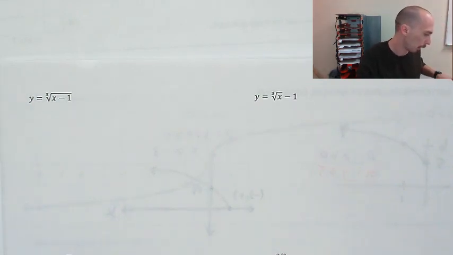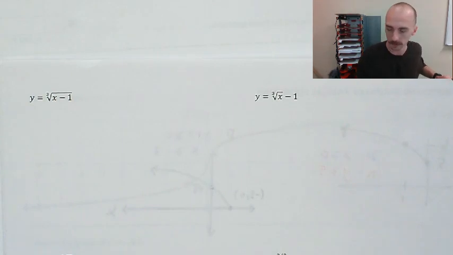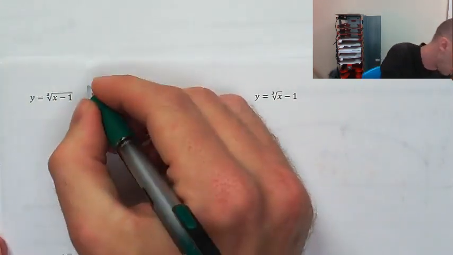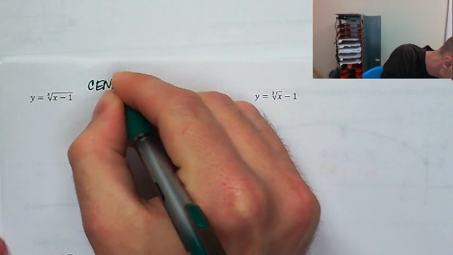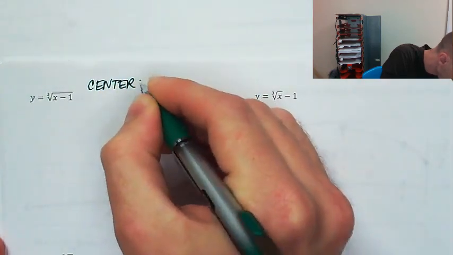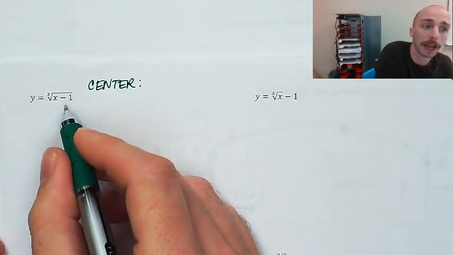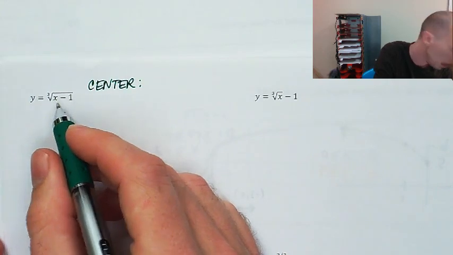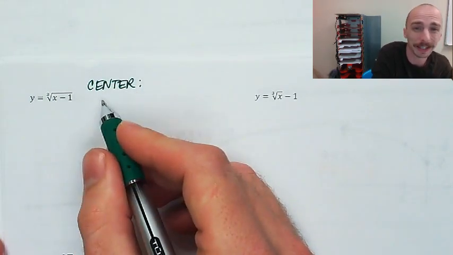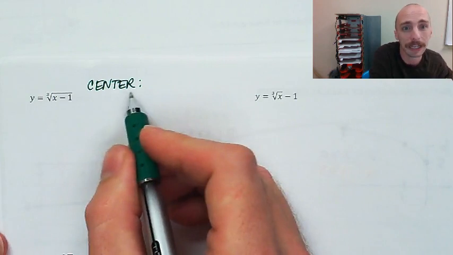Okay, so the cube root of x minus 1. This thing has domain and range all real numbers. So what I might do instead is find the center of the graph. The center of the graph is going to happen where I'm taking the cube root of 0. I really did the same thing when I was solving for the domain on a square root function, except it wouldn't be the center of the graph, it would be the beginning of the graph.